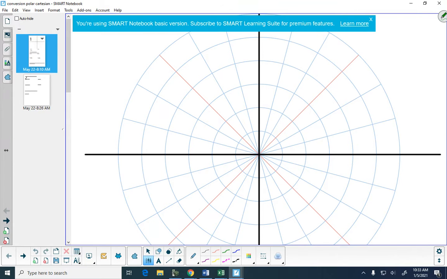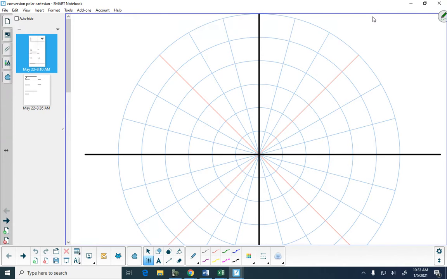When you're dealing with x and y, this is called Cartesian coordinates. And this should be your second set of notes that was in your packet.